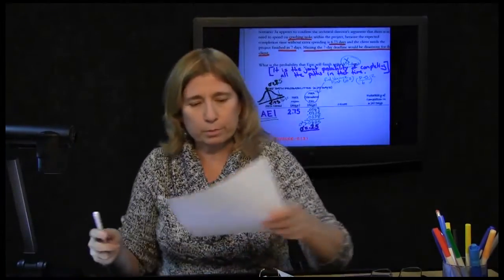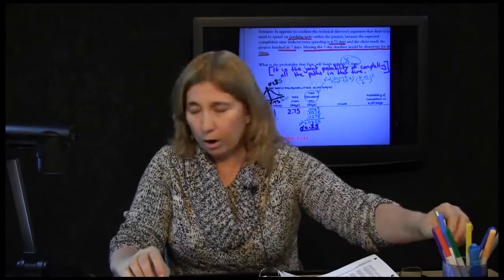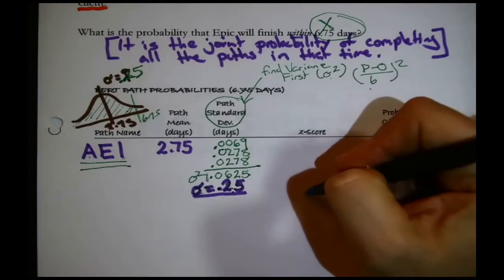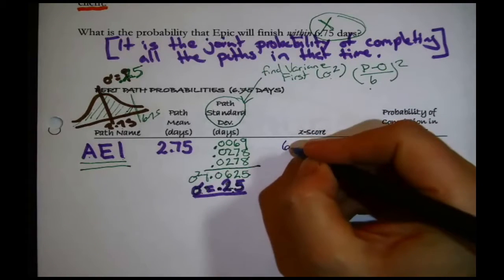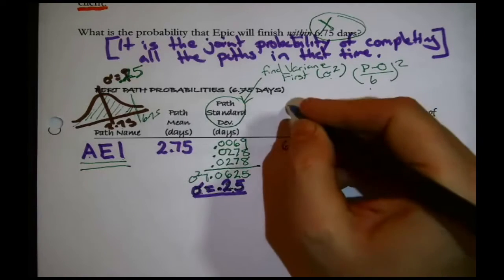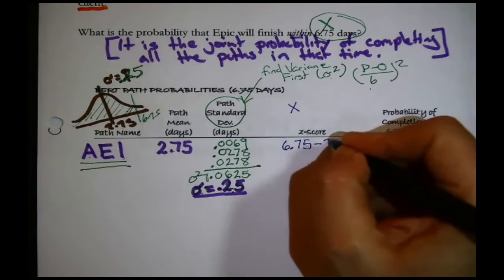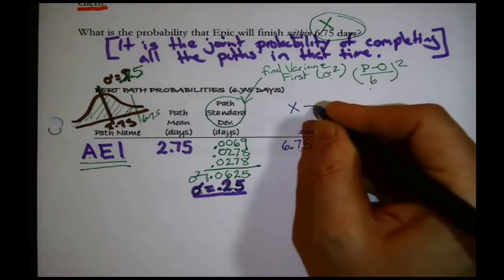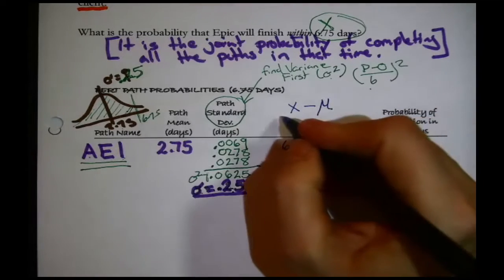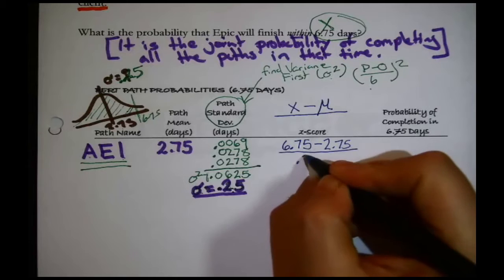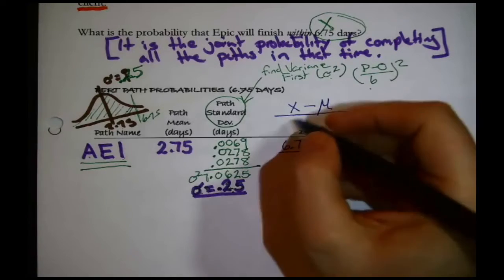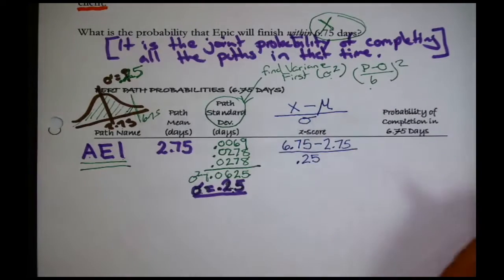Oh, right, that's why, go back to our original workspace. That's why there's a column here for z-score. Because for path AEI, z-score: 6.75 was the number that we were interested in, minus 2.75 is our particular curve's mean or center, divided by our particular curve's standard deviation, which is 0.25.